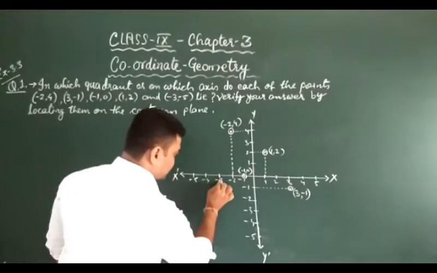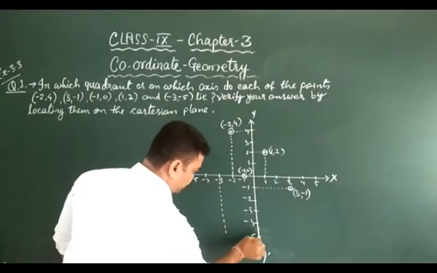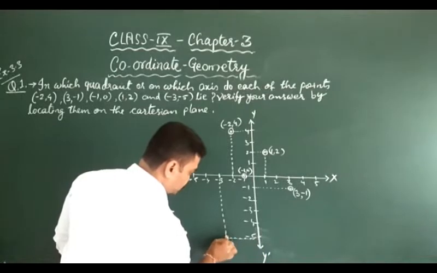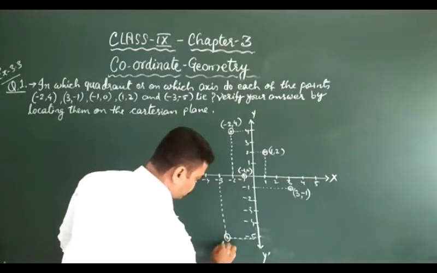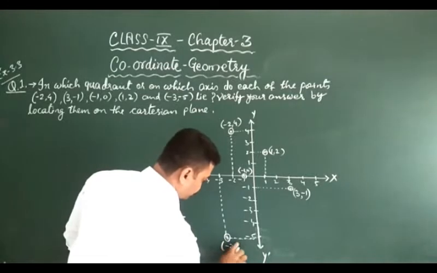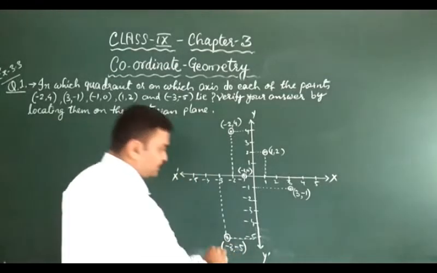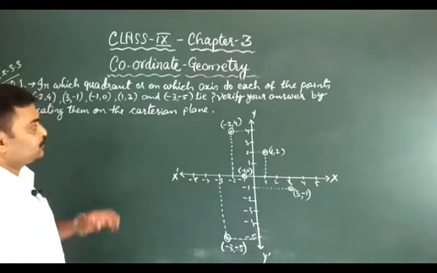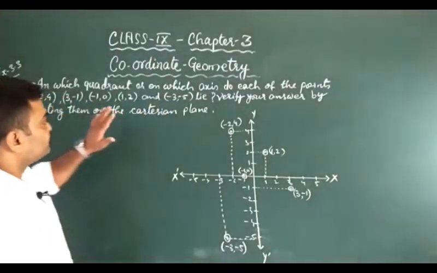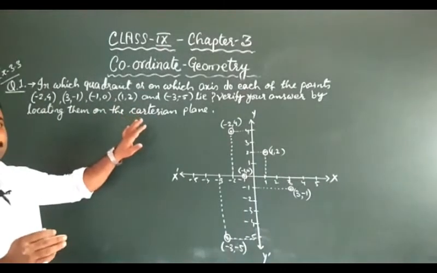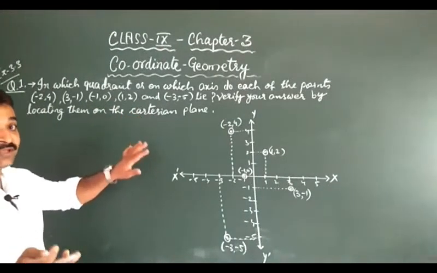Now from -3 and from -5 draw two perpendiculars, and the intersection point of the two perpendiculars is the point -3 and -5. Now we have to say where these points are lying.